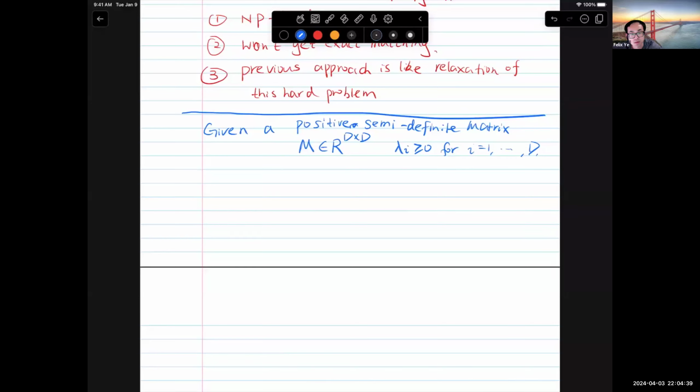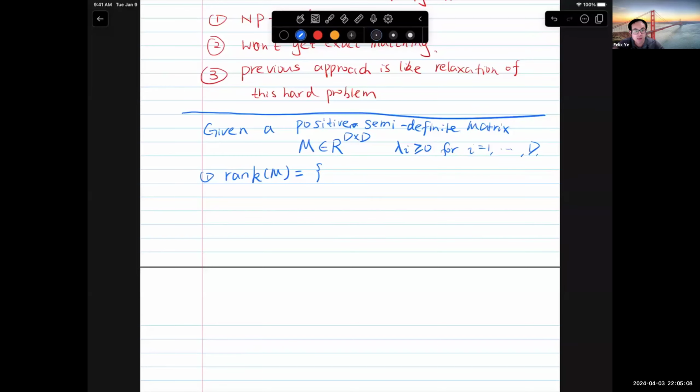So what is the rank of M? The rank of M is the number of positive eigenvalues.